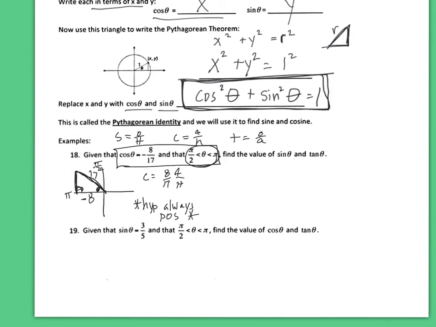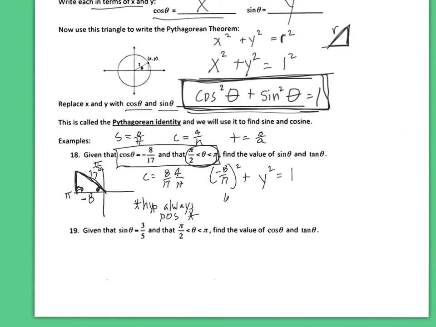So now we're ready to go with our information here with sine squared and cosine squared. So according to my formula right here, cosine squared, I have negative 8 over 17 squared plus, I'm going to just call it y squared, just to make it easier to write.